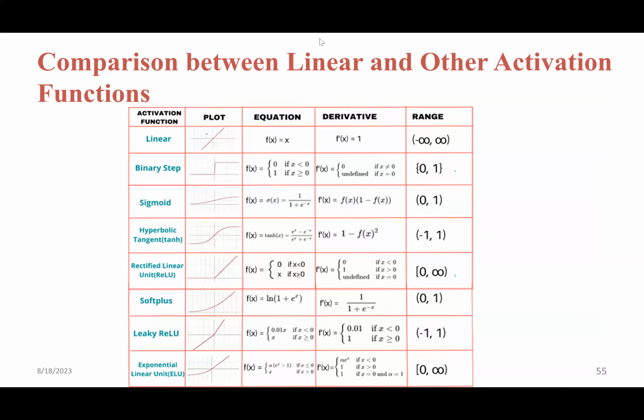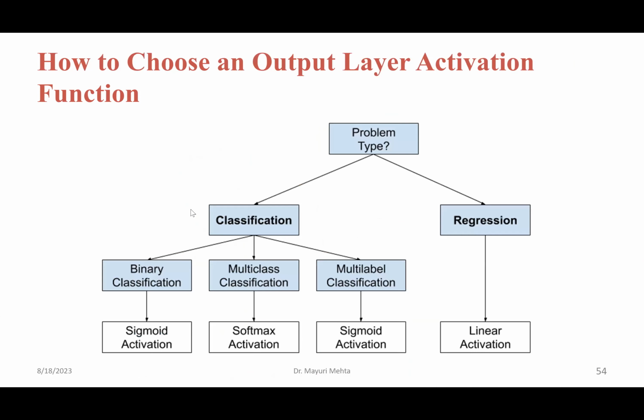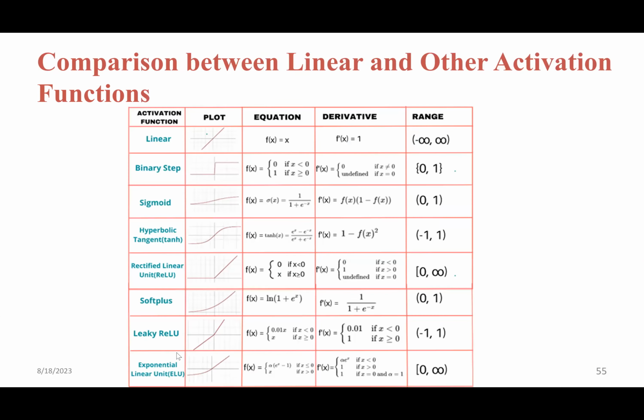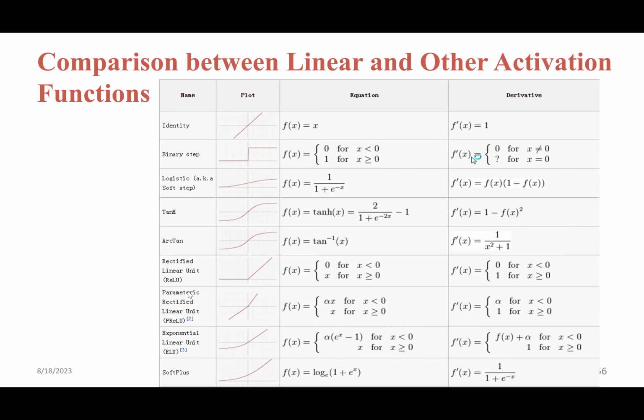The first cheat sheet shows the leaky ReLU range to be -1 to 1. Okay, let me check. Oh, sorry. Leaky ReLU, where is leaky ReLU? Okay, -1 to 1. And here is there a difference? Where is leaky ReLU? Oh, leaky ReLU is not here.